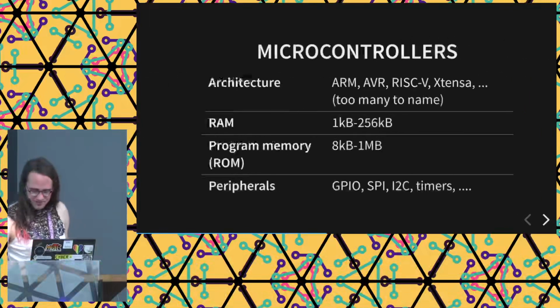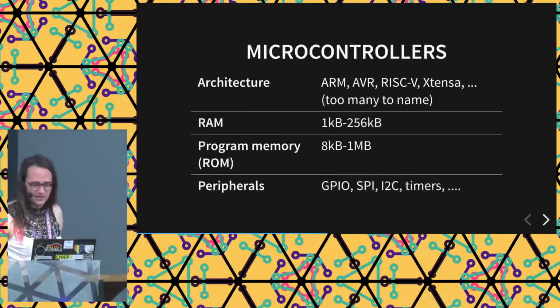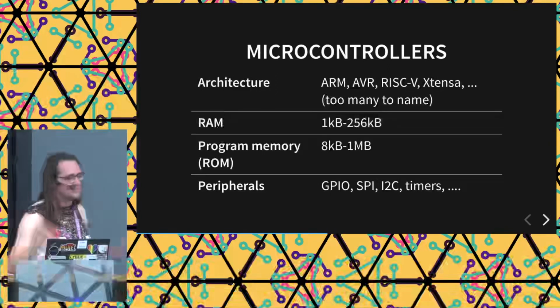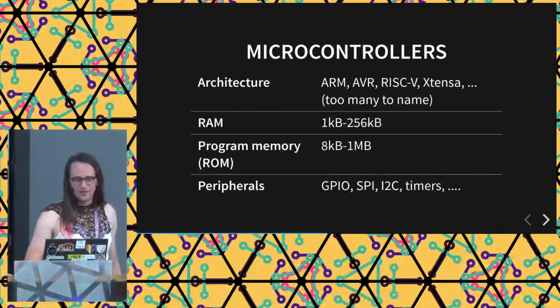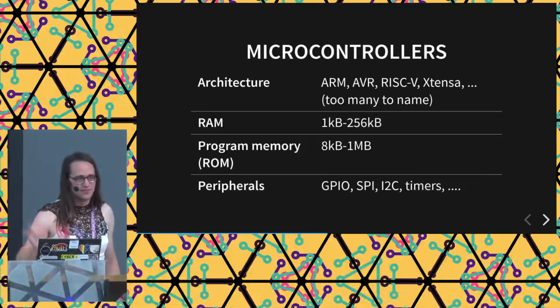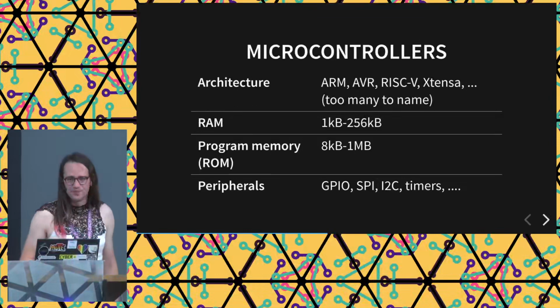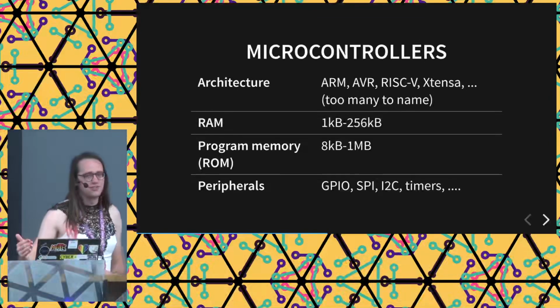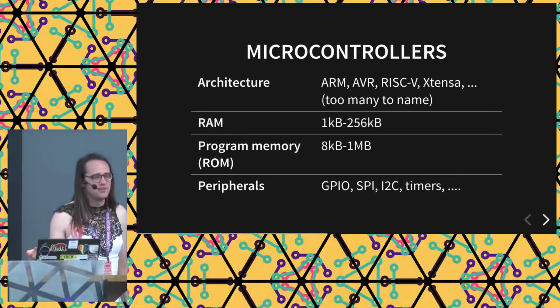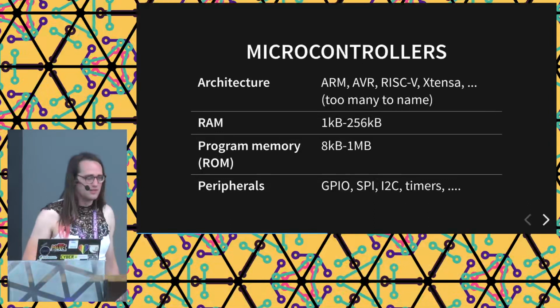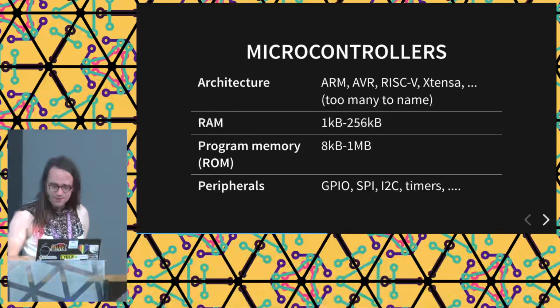A more specific category is microcontrollers, and these are just some general properties that most of them have, but there are always exceptions, of course. There are many architectures, there's a wide range of RAM, but it's usually very limited. They are relatively slow. They execute code directly from flash memory instead of loading it into RAM first, like Windows or Linux do, for example.